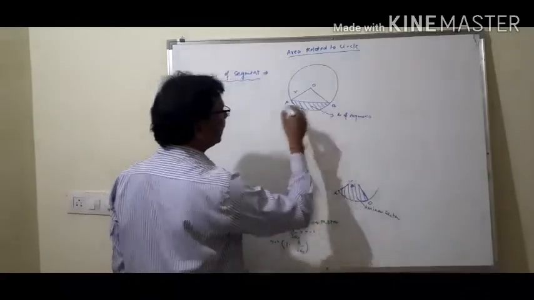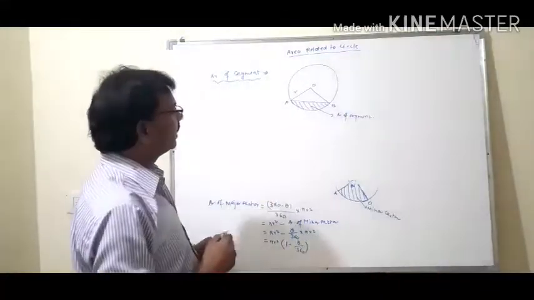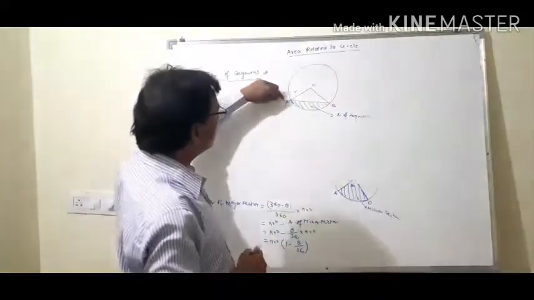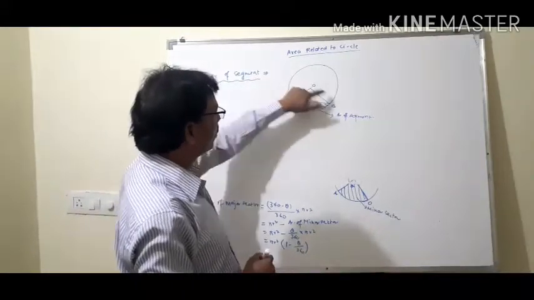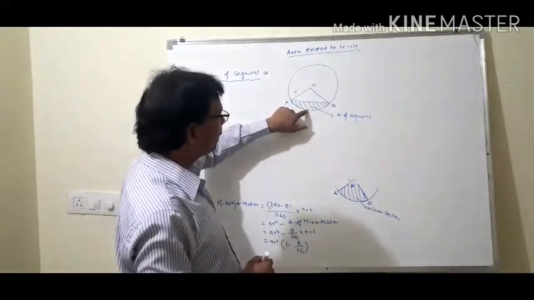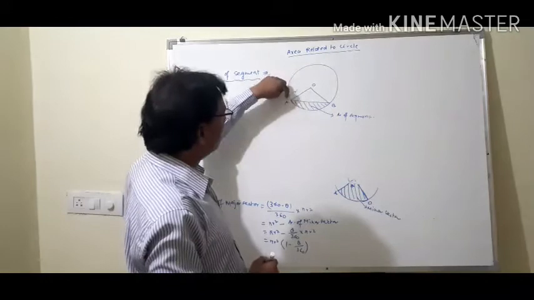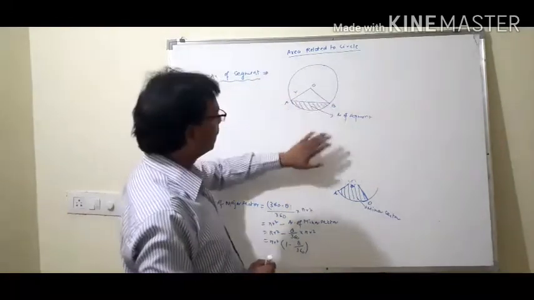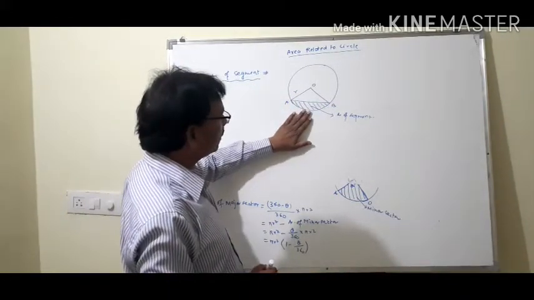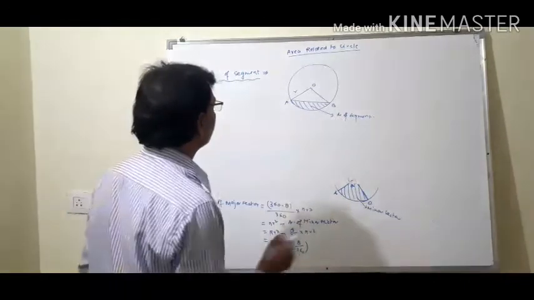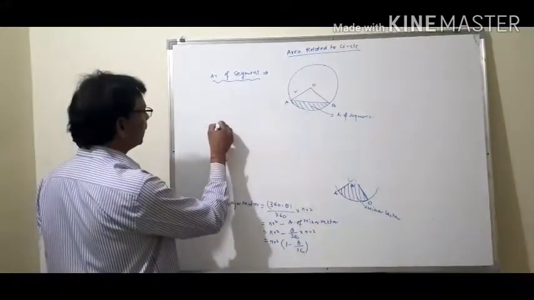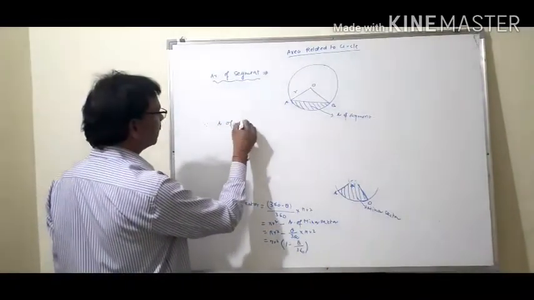How to find the area of this segment? This is very simple. If you find the area of this sector AOB and subtract the area of triangle AOB, then this will remain, and this is known as the area of the segment.